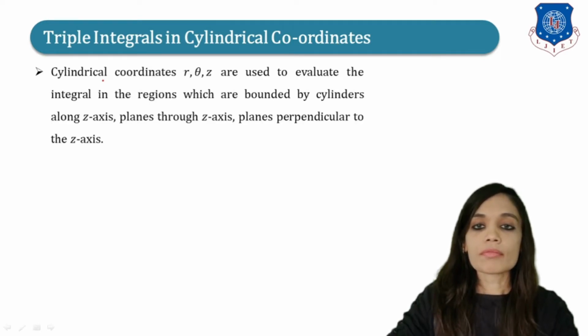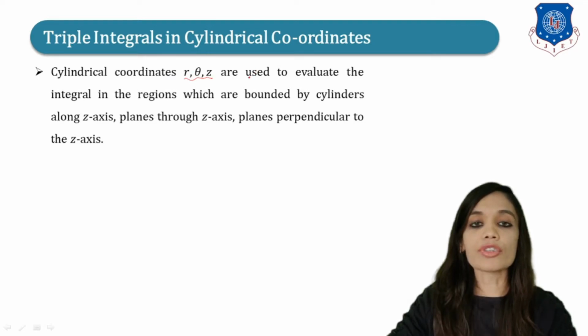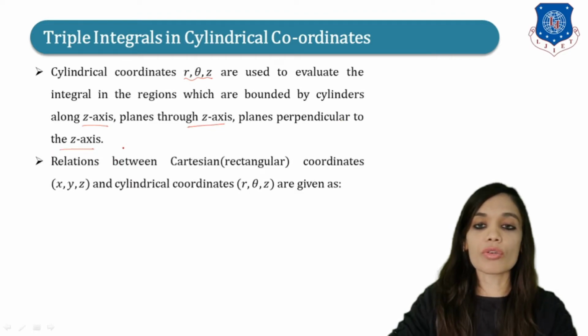Cylindrical coordinates r, theta and z are used to evaluate the integral in regions which are bounded by cylinders along the z-axis, planes through the z-axis and planes perpendicular to the z-axis.